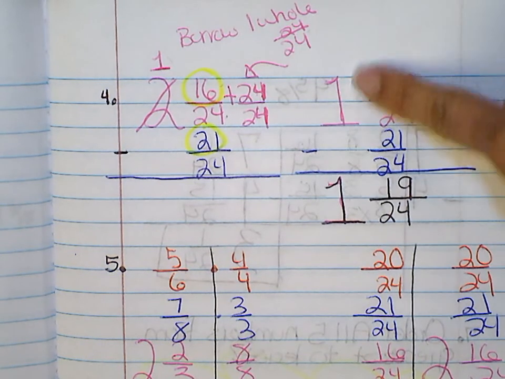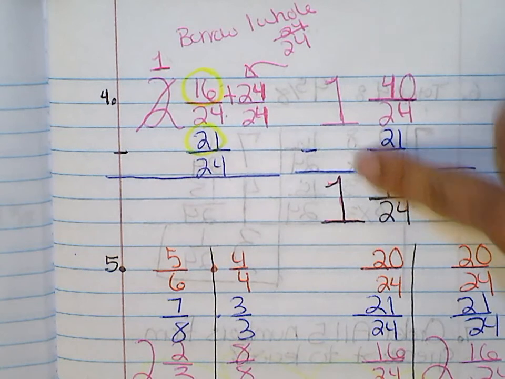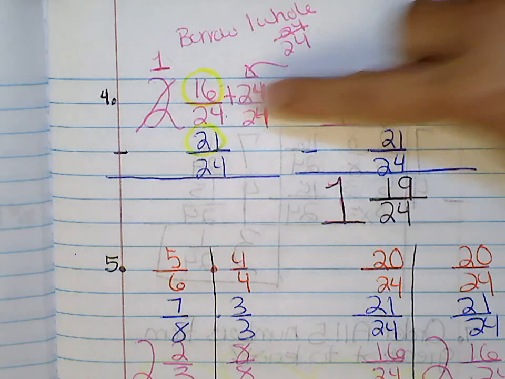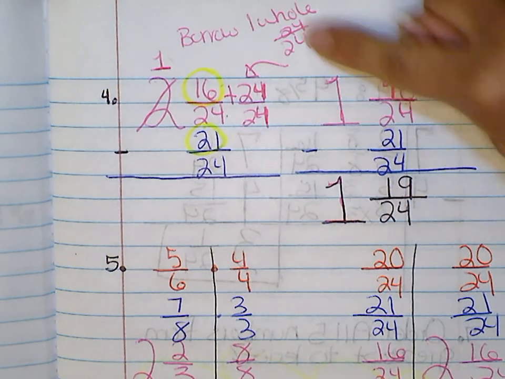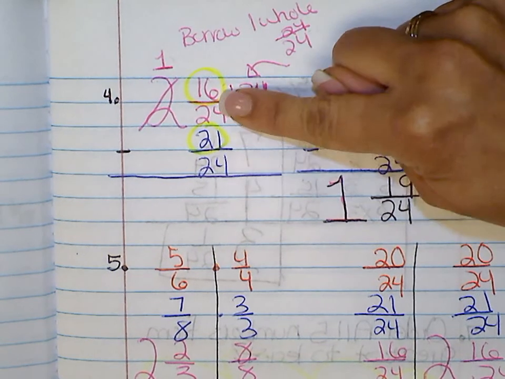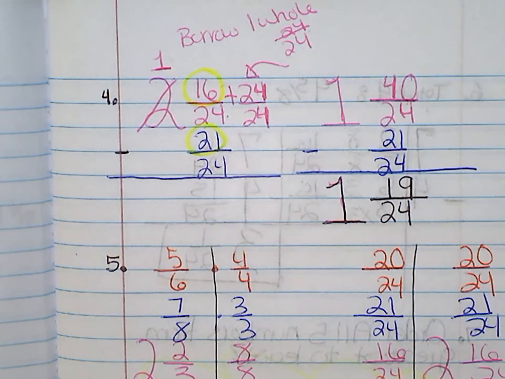So 1 minus 0 is 1. 40 minus 21 is 19. And our denominator is 24. Okay? So again, we borrow a whole number when we cannot subtract the bottom numerator from the top numerator.